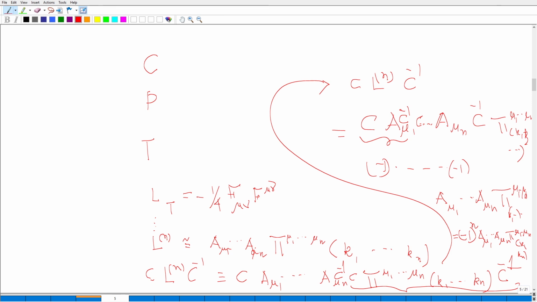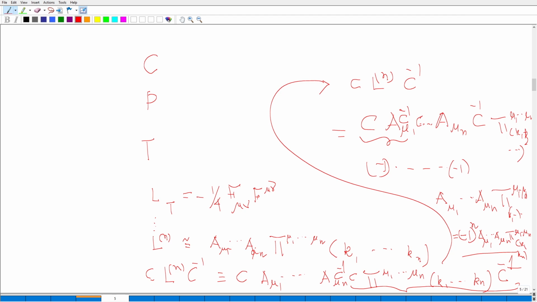Now, it is pretty obvious that this quantity on the right hand side will be plus or minus depending on whether n is even or odd. If n is odd, then under charge conjugation L n for the n-point function would actually pick up a negative sign, and for n even it will pick up a positive sign. So, what is the upshot of this particular observation?